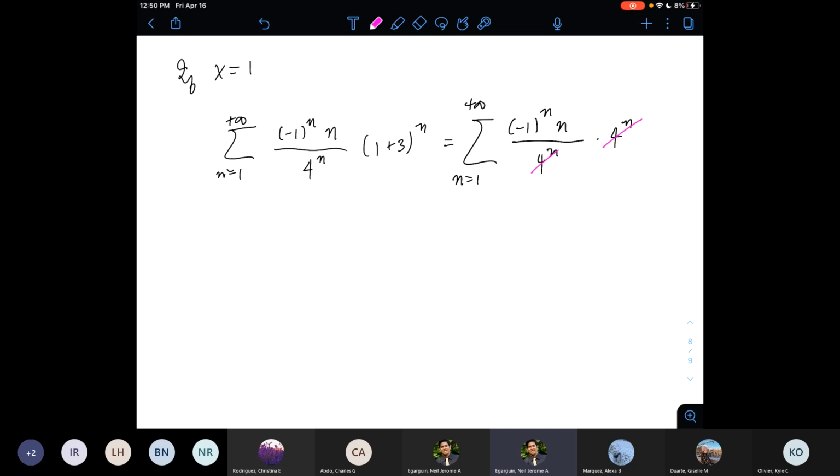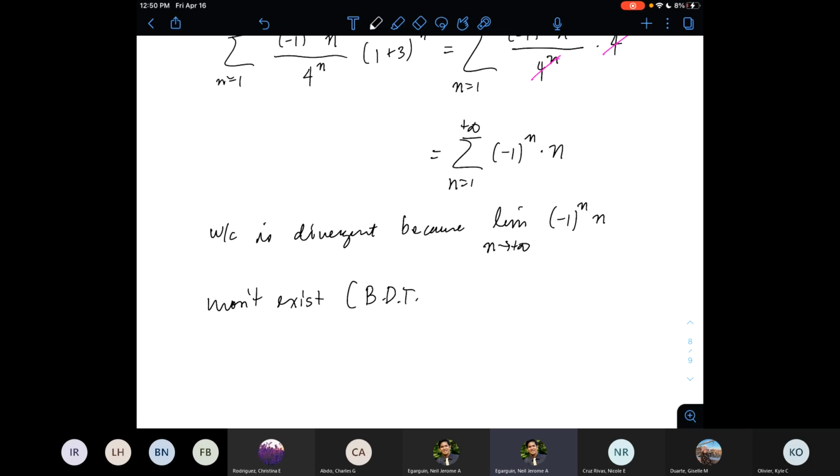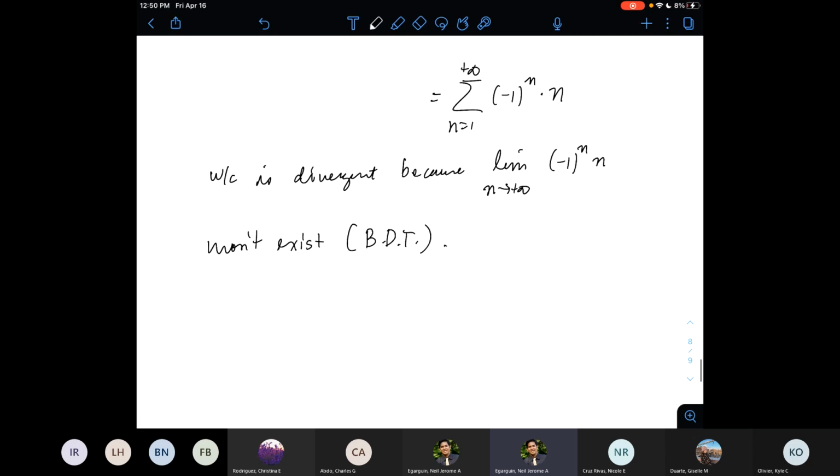This will cancel with that one, giving us -1 to the power n times n, which unfortunately will also be divergent, right? Because the limit of -1 to the power n times n as n approaches infinity won't exist. So what I applied here is the basic divergence test. Because the limit is not equal to 0, it would be divergent, right?